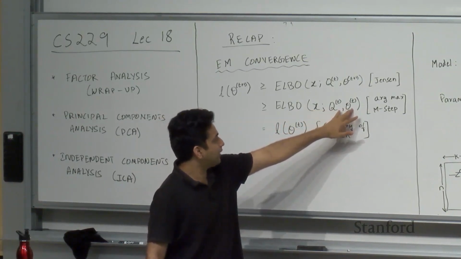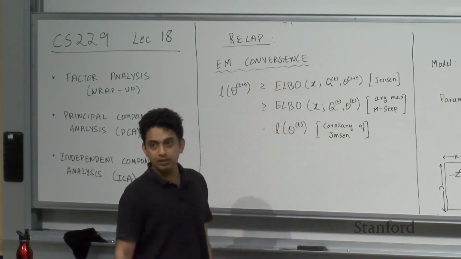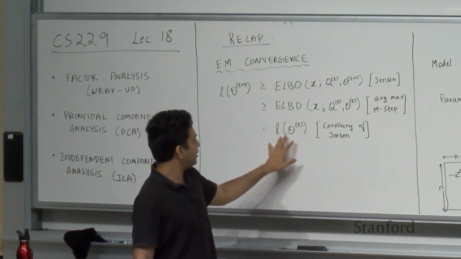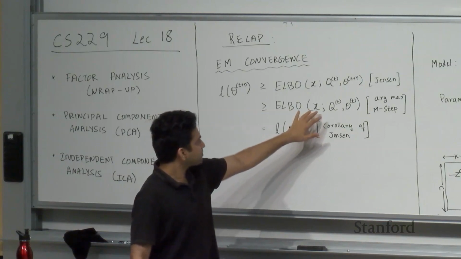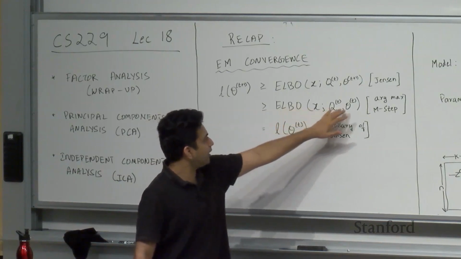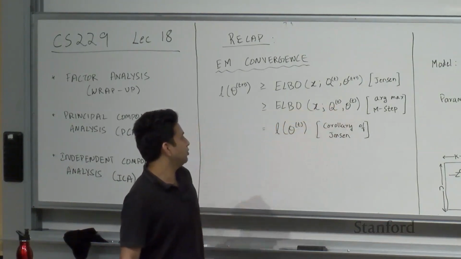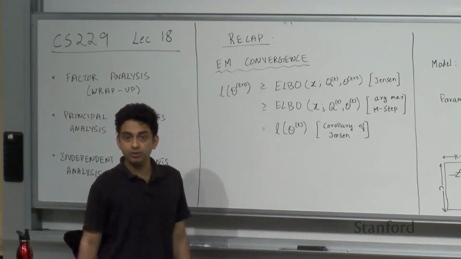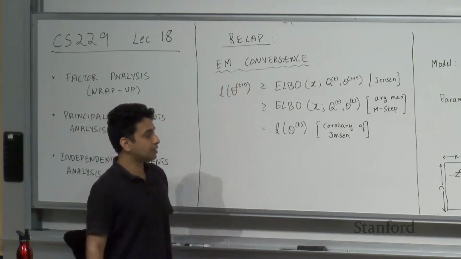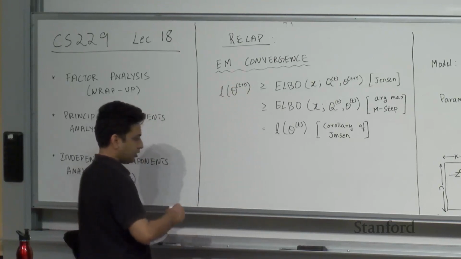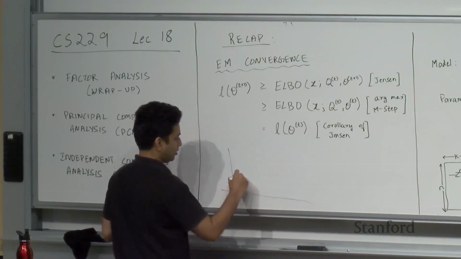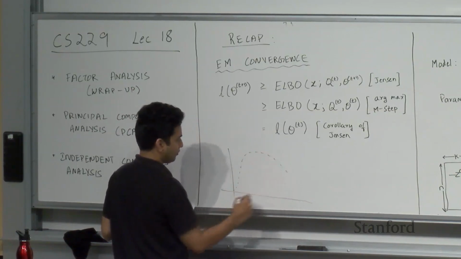Therefore, at theta t, the ELBO value will always be lower. And then we saw from the corollary of Jensen's inequality that the ELBO at theta t and q t is equal to the likelihood at theta t. So it was 3 simple steps, and we also saw the pictorial intuition for this.